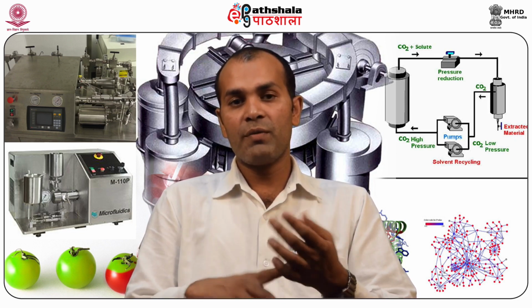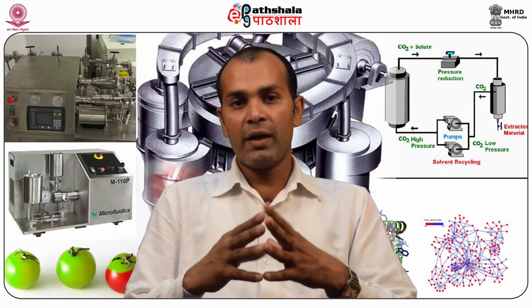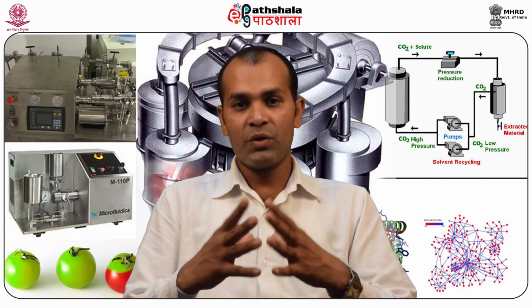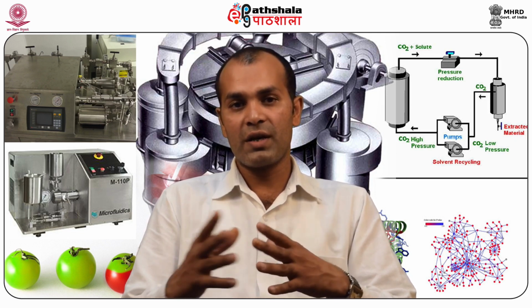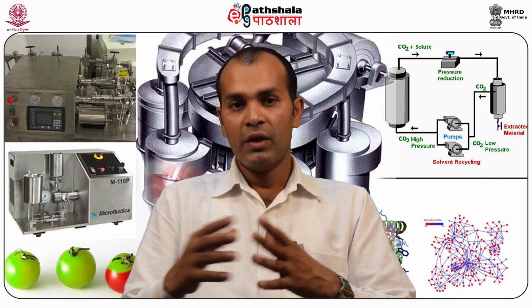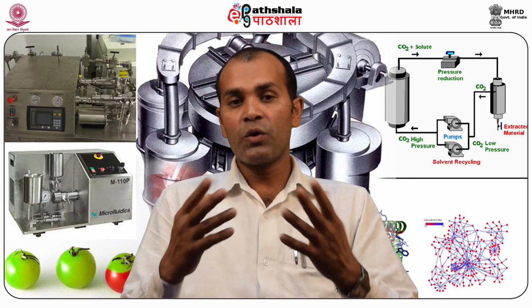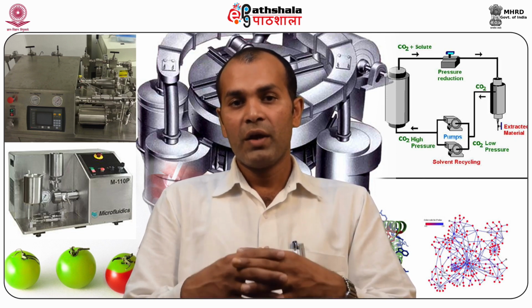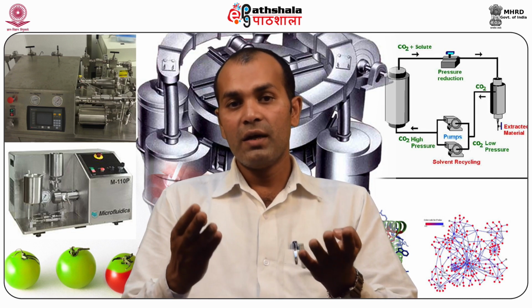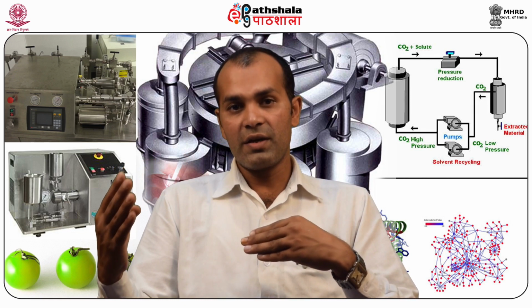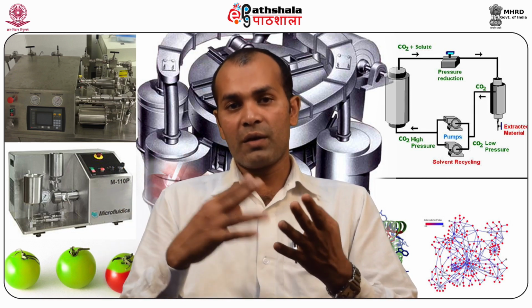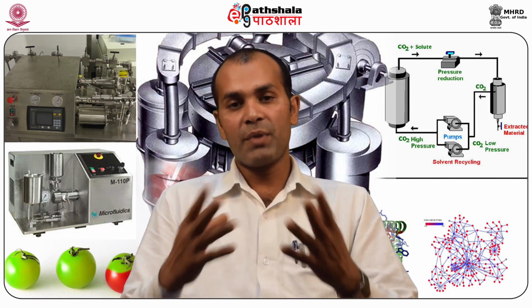For example, suppose we want to produce milk powder. For the production of milk powder we need to raise the total solids content from the initial level to around 50%. Suppose we are going to produce SMP, skim milk powder. We have around 8 to 9% TS in the skim milk, and we need to raise it up to 50% TS. First, we use the reverse osmosis process, which is a membrane process.